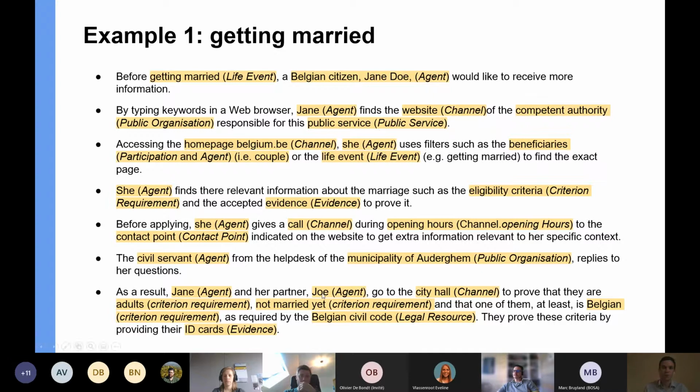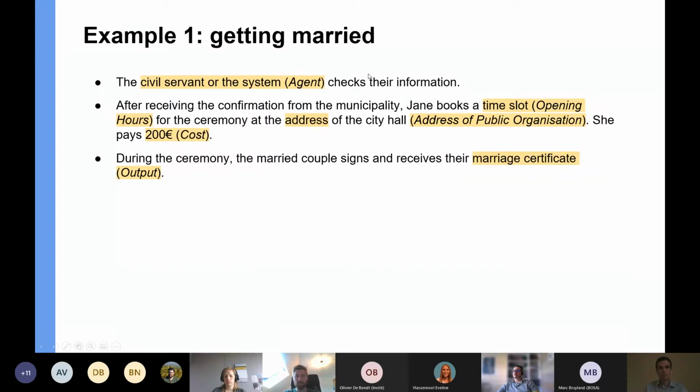This is required. All those requirements actually come from the Belgian Civil Code. Jane and her partner prove that by simply giving their ID cards. Then the civil servant or the system checks that the information is correct.